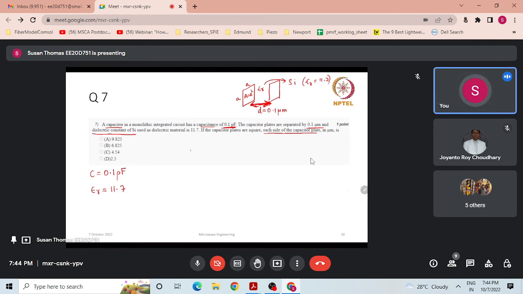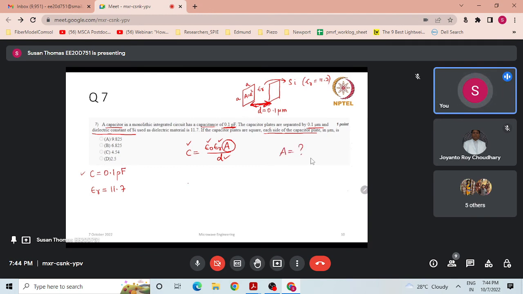All of you know that C is epsilon 0 epsilon r A by d. We know epsilon r is 11.7 because silicon is used. The value of epsilon naught is known to everyone, and the capacitor value to be realized is given, 0.1 picofarad, and d, the plate separation, is also given. Now the only unknown parameter is the area of the plate.